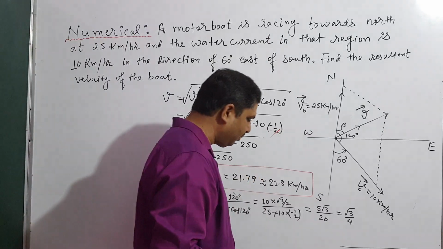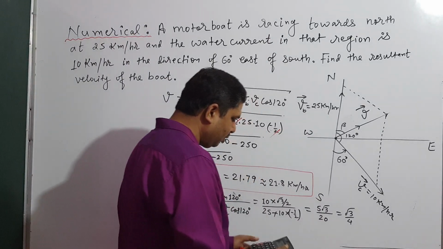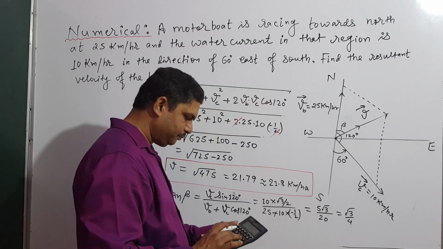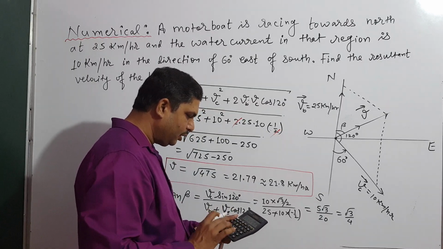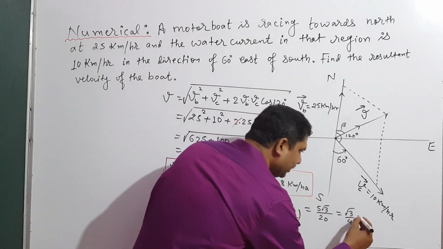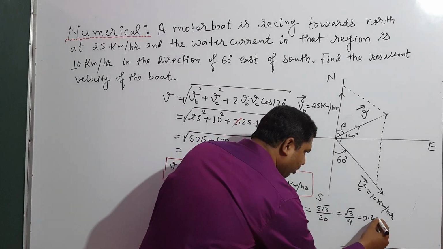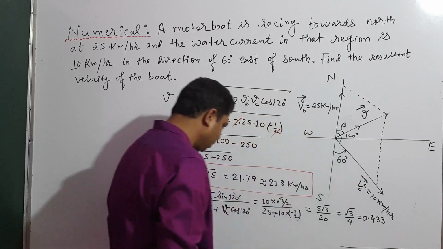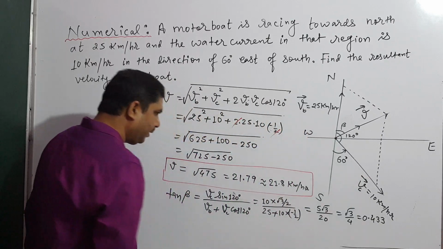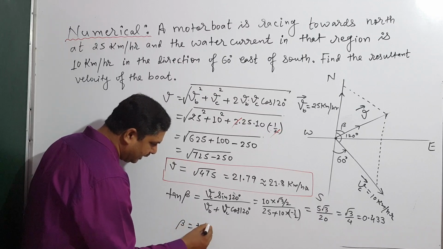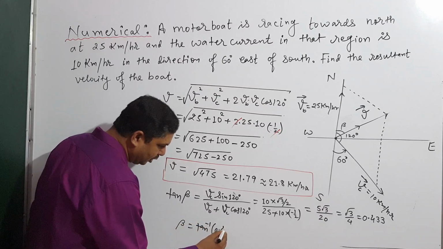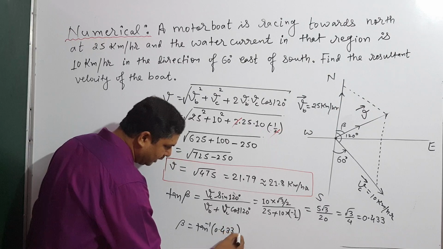We are going to solve it with the help of a calculator. So this is root 3 divided by 4, which is 0.433. Now you write here beta is equal to tan inverse 0.433.